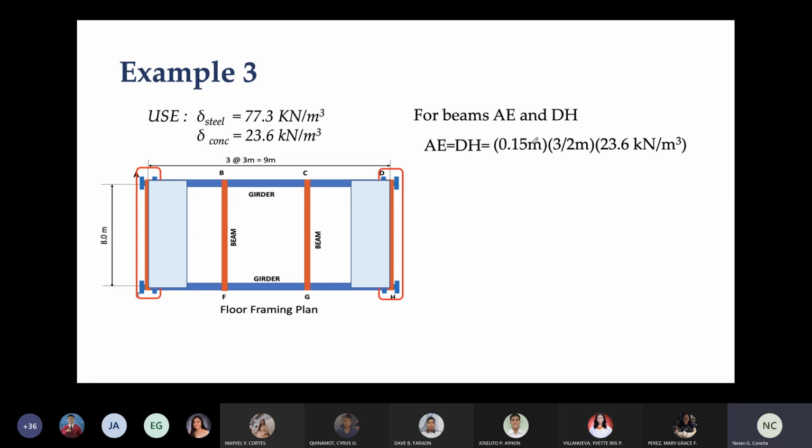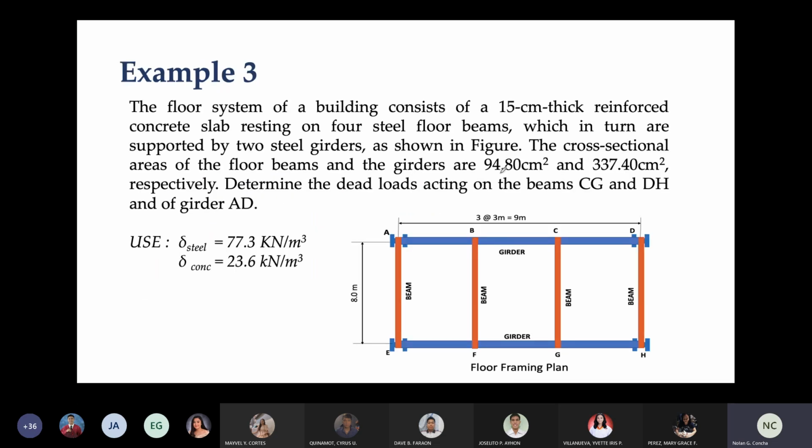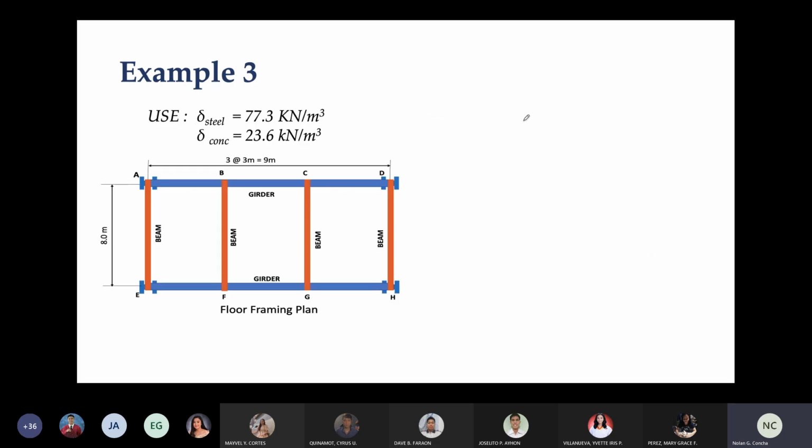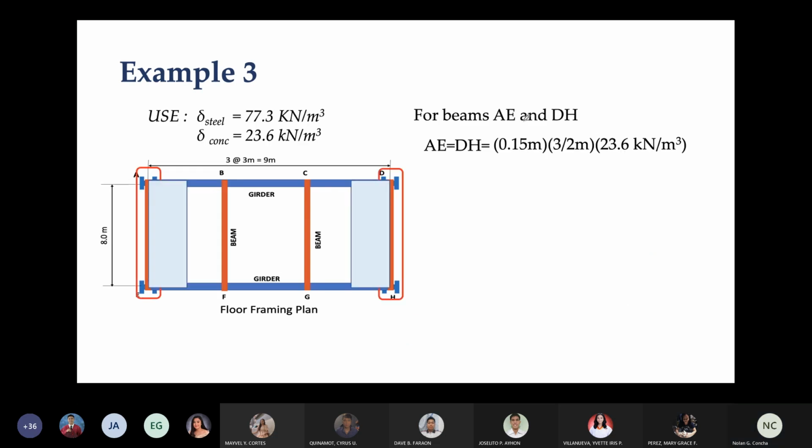It's half. And 0.15 is the thickness of the slab. Binigay niya sa atin sa slab thickness 15 centimeter thick. So that will be 0.15 meter. Then the length, which is 1/2 of 3, and then the weight of concrete. And so the weight is, you add the self-weight of the beam.